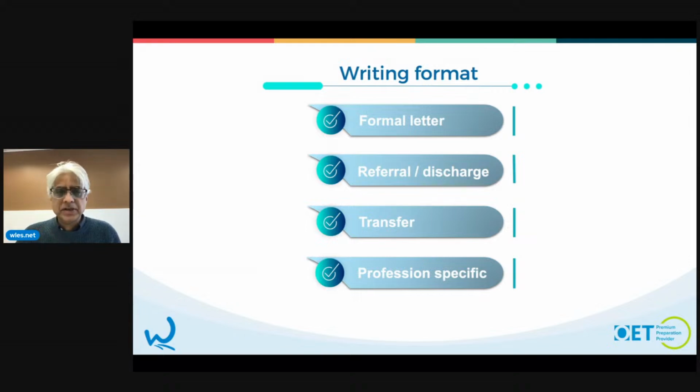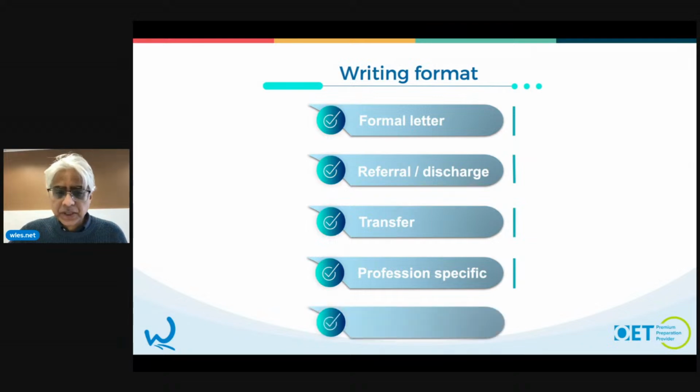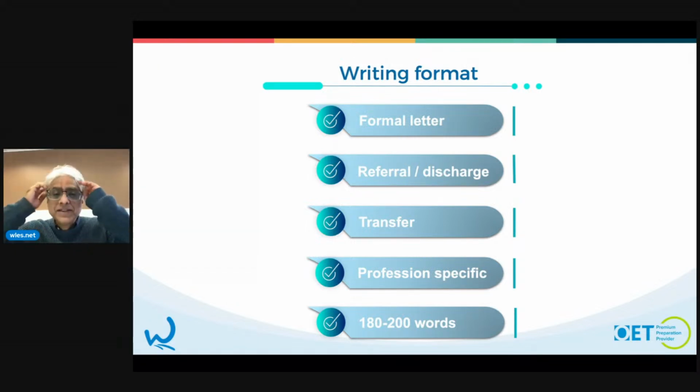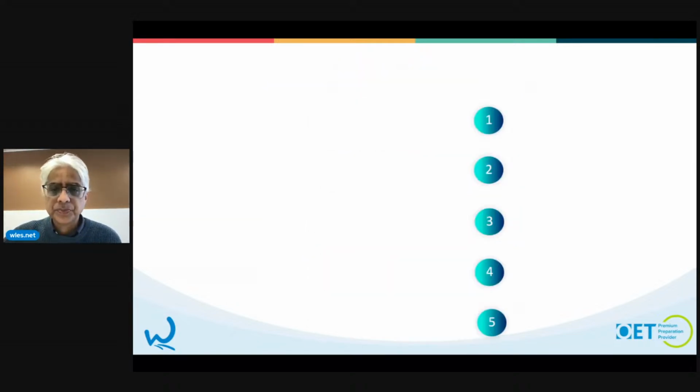Doctors get their own papers, nurses get their own, dentists, pharmacists, so you'll have your own paper. You're going to have to write somewhere between 180 and 200 words. You can go a little under or a little over, as long as your letter is relevant. And this is what we're going to look at today: what makes a relevant letter.